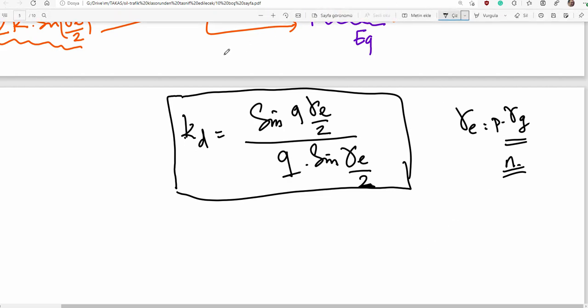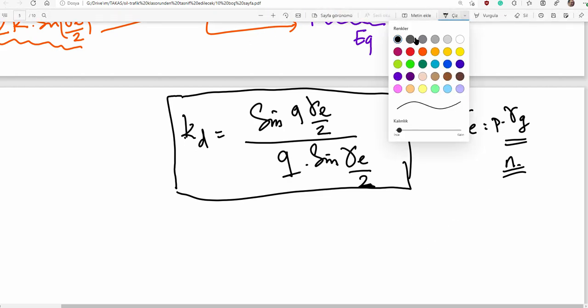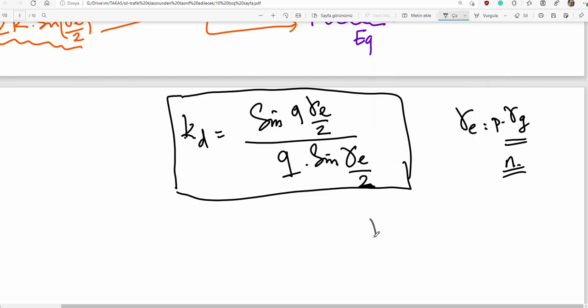So this distribution factor can be expressed for the nth harmonic, that is called as space harmonics, harmonic order. Space harmonic order number E.